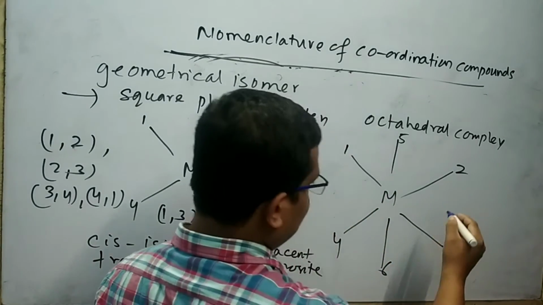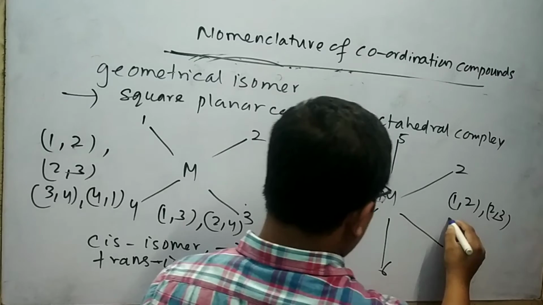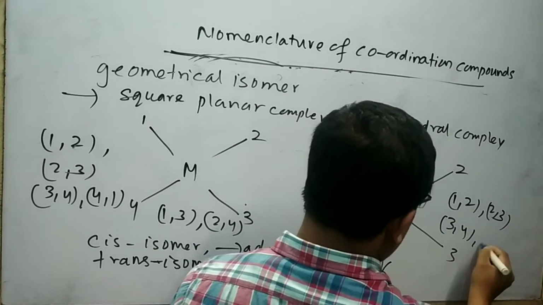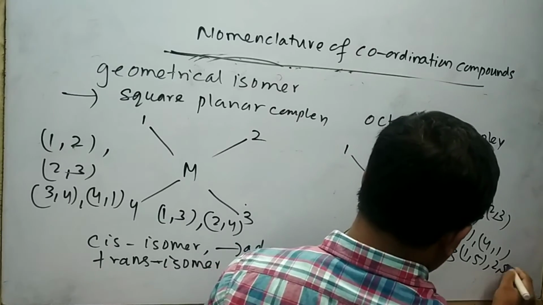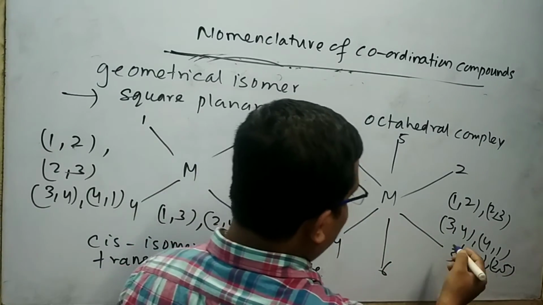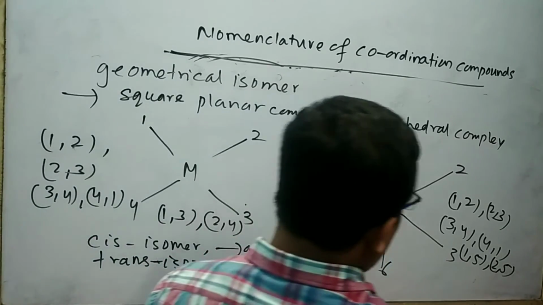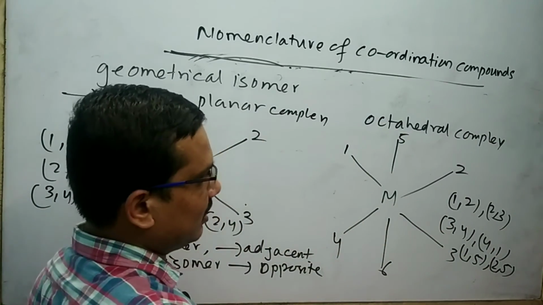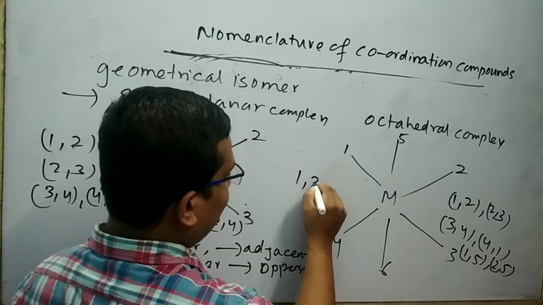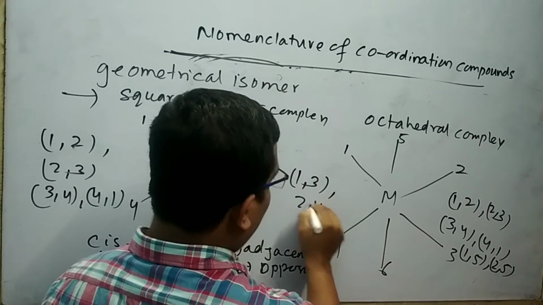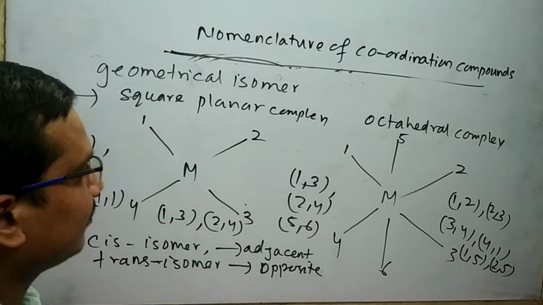In this case, 1-2, 2-3, 3-4, 4-1, 1-5, 2-5. Like that, you can also think about other cis isomers. These are considered as cis isomers. In this case, 1-3, 2-4, 5-6 are called trans isomers.